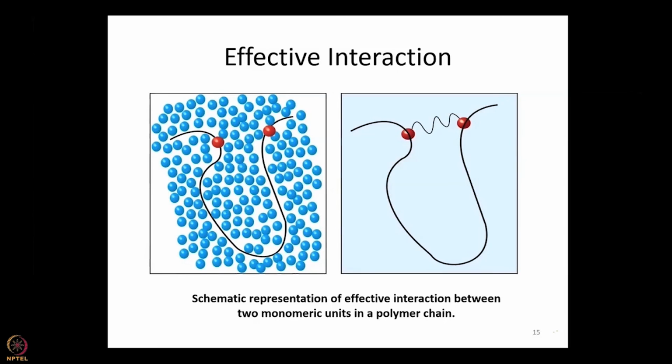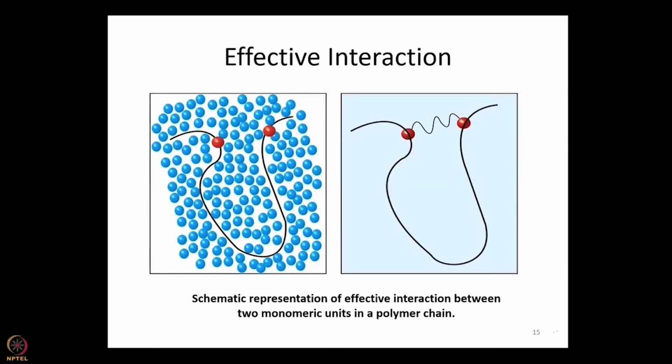So the way we sometimes talk of that is, if the monomers and the solvent like each other, then there will be more solvent inside, and effectively polymer and polymer are not going to like each other. However, if the monomer of the polymer does not like a solvent molecule, then they will push these water molecules out.